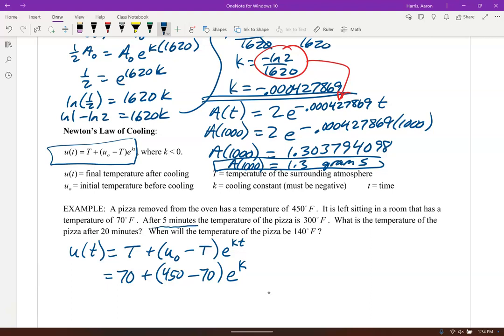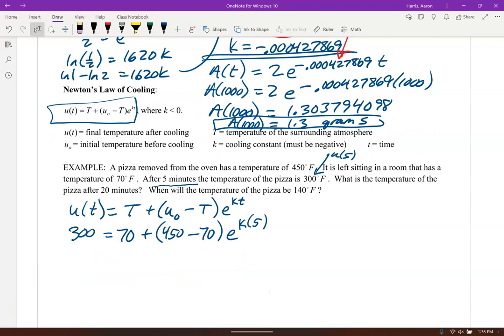After 5 minutes, that's our time t, in minutes here, the temperature of the pizza, so U of 5, is 300. Now we can solve for K, and we'll know how fast the pizza is cooling off. Because we've got to find that K constant, the cooling constant, which will be negative here.